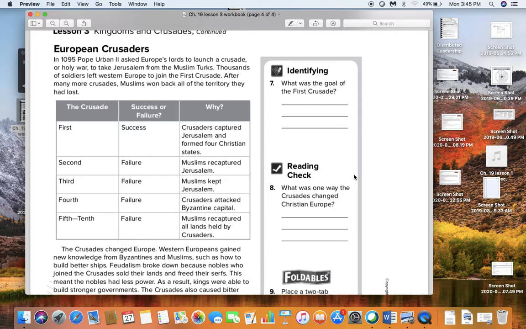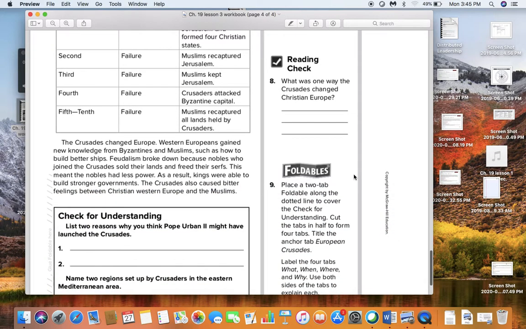Question number 7. What was the goal of the First Crusade? It was to capture Jerusalem from the Muslim Turks and to take the Holy Land for the Christians. Question number 8. What was one way that Crusades changed Christian Europe? Trade grew between Europe and the East.